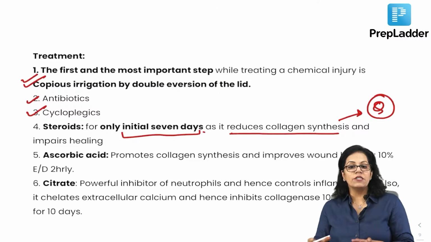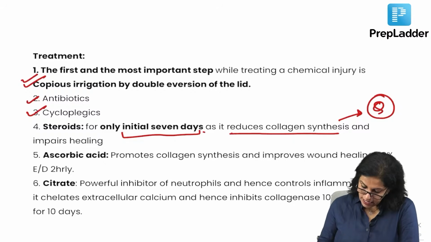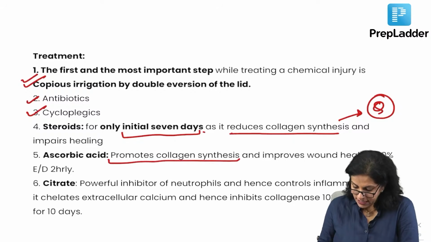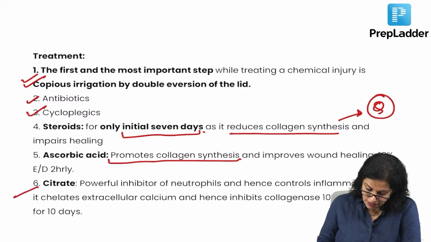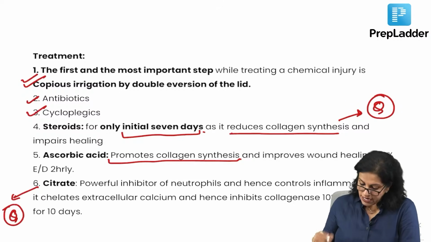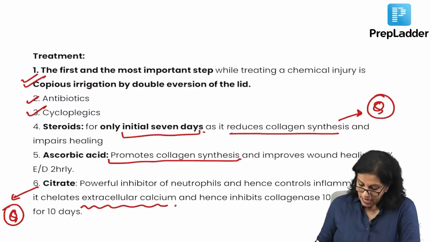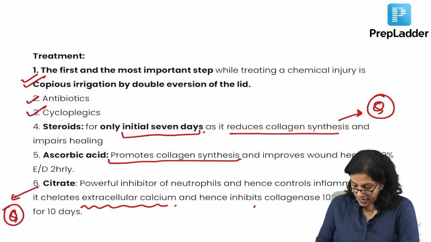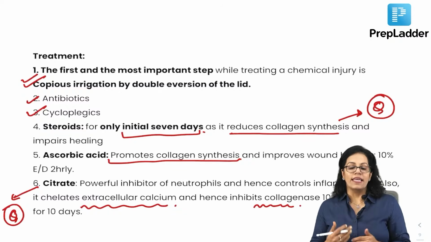But to control inflammation, you can give it for the initial 7 days. Ascorbic acid, yes, again it promotes collagen synthesis and improves healing. Citrate has been one of your very important INICET questions. Citrate mainly binds with the extracellular calcium, right? It chelates that extracellular calcium and hence inhibits the collagenase. So it is again helping in healing.